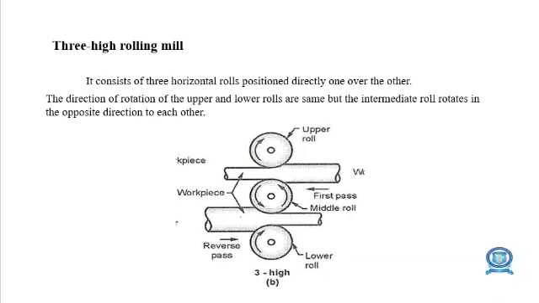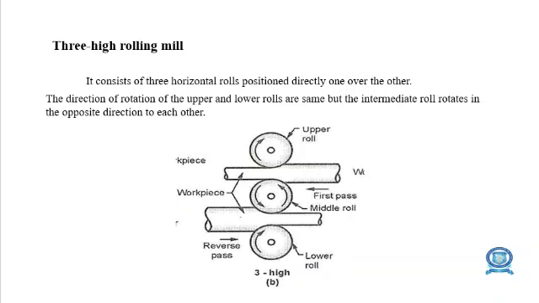3 high rolling mill. It consists of three horizontal rollers positioned one over the other. The direction of rotation of the upper and lower rollers is the same, but the intermediate roll rotates in the opposite direction. All three rollers revolve continuously in the same fixed direction and they are never reversed.